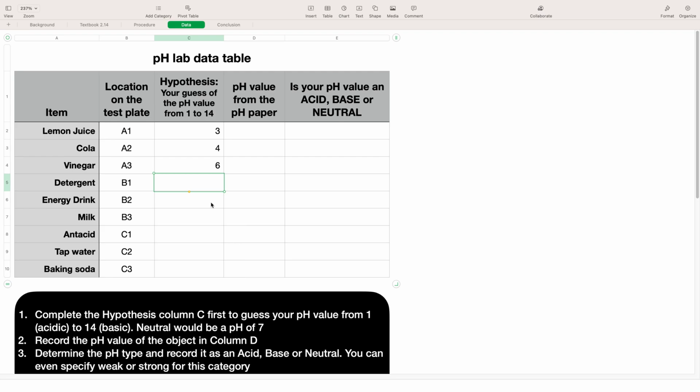Zero to 6.9 is for acids, with 1 and 0 being a strong acid. 7.1 to 14 is a base, with 14 being the strongest base. So the lowest number and the highest number are strong. In the middle is 7. What's an antacid?